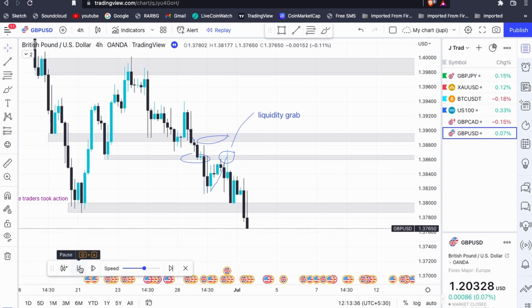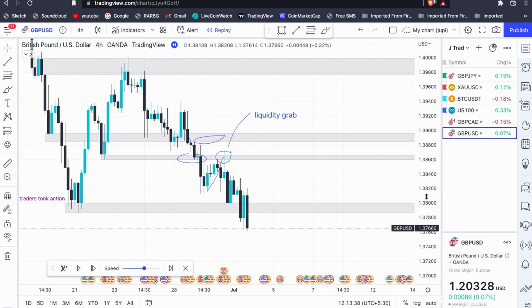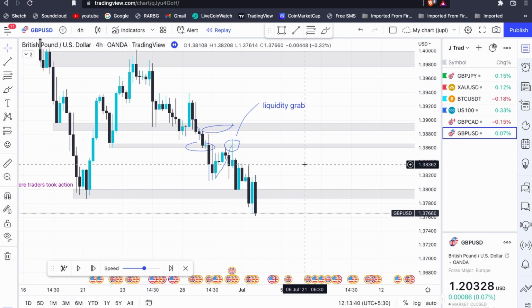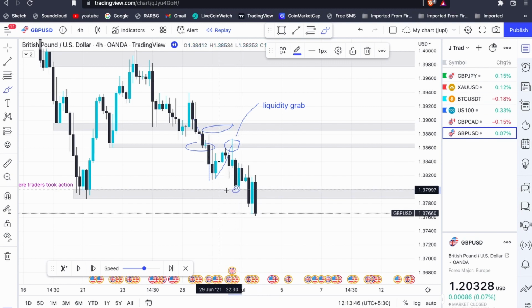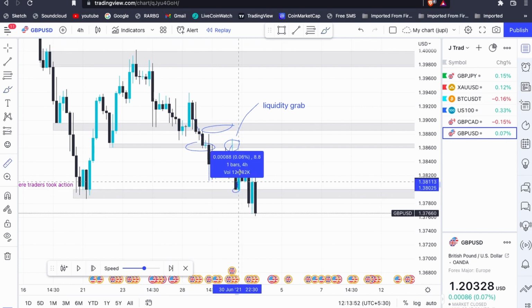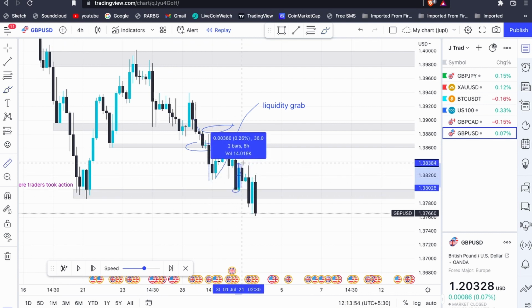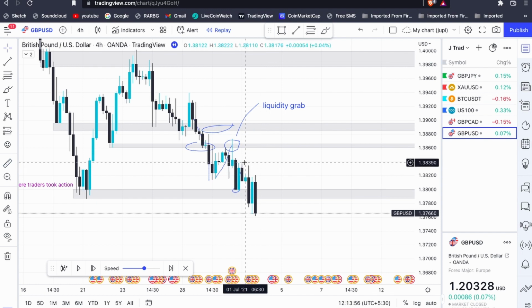Okay, so see. So first what happened is, here we have bounce, right? The first bounce is exactly from the top of the zone. Try to go up. Let's measure the pip, right? So it went up 35 pips, but it couldn't go back to this resistance area.